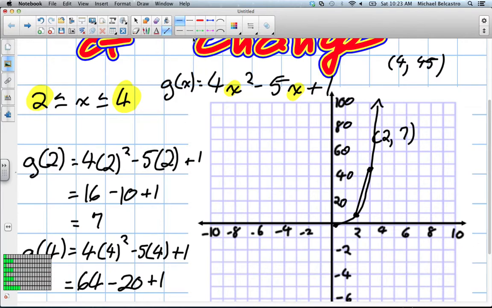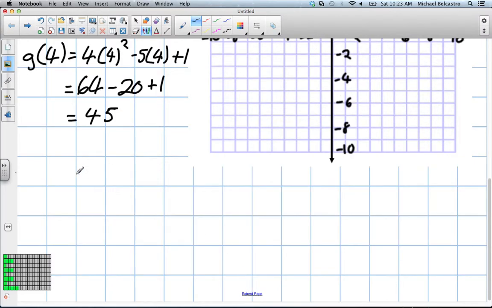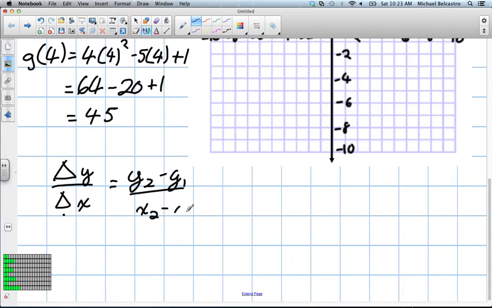So we're looking for the change, or the rate of change between the two. So rate of change is essentially just the change in your y, so that triangle means change, divided by change in your x, okay? Which is slope. Change in y over change in x is known as y2 minus y1 divided by x2 minus x1, which is also known as rise over run, which is also known as slope, which is also known as m in y equals mx plus b.